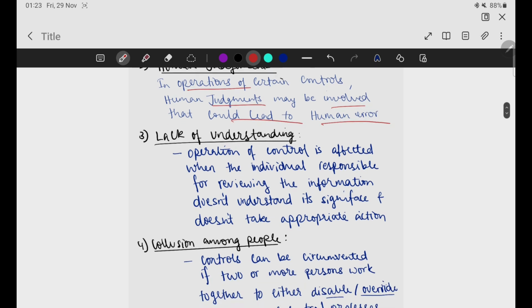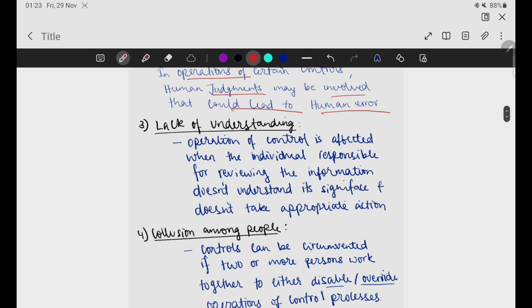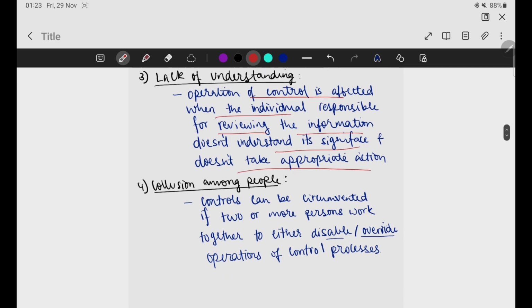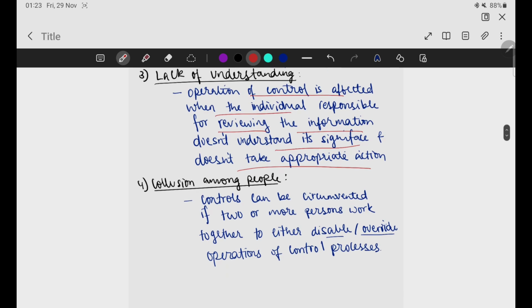Next point is lack of understanding. Operation of control is affected when the individual responsible for reviewing the information doesn't understand the significance and doesn't take appropriate actions. He doesn't understand why that particular control is there, so he will not take any action.